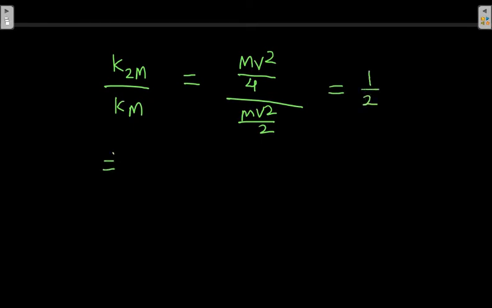This implies that K_m will be equal to twice K_2m. Hence the correct answer is D. The kinetic energy of mass m will be equal to double the kinetic energy of mass 2m. Answer D.